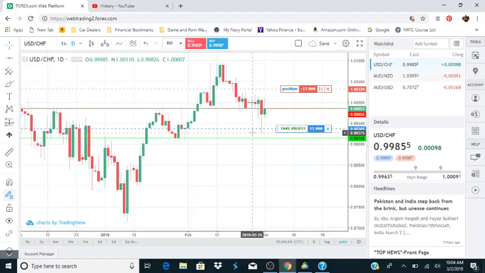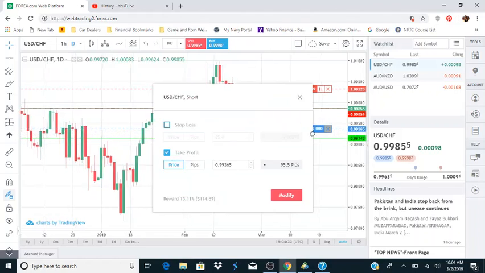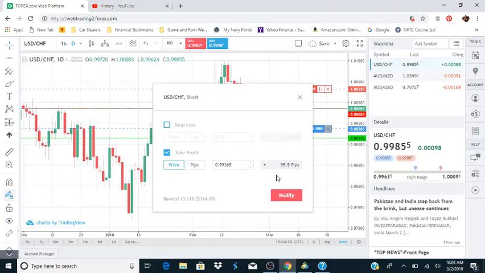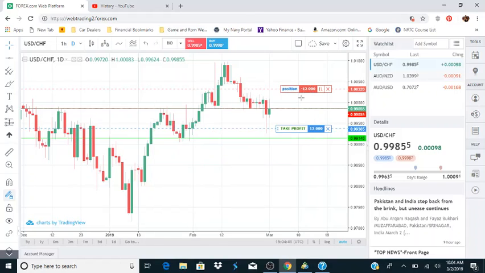So I adjusted my take profit to take off about 25% of that wick, which adjusted my profit to 95.5 pips, or $114.69. My position is from 1.00320 down to 0.99365, which is 95.5 pips, which will give me $114 and some change.